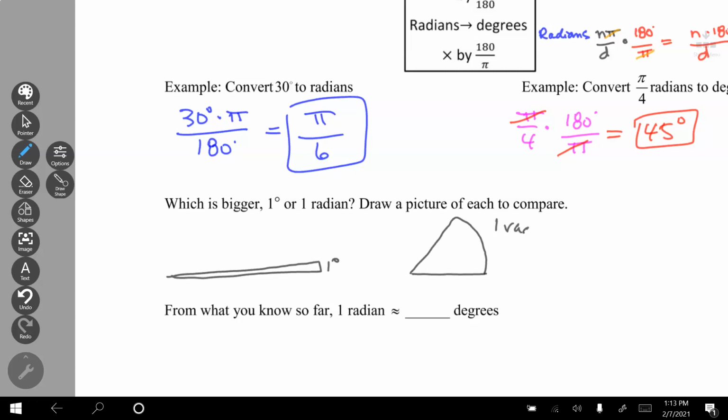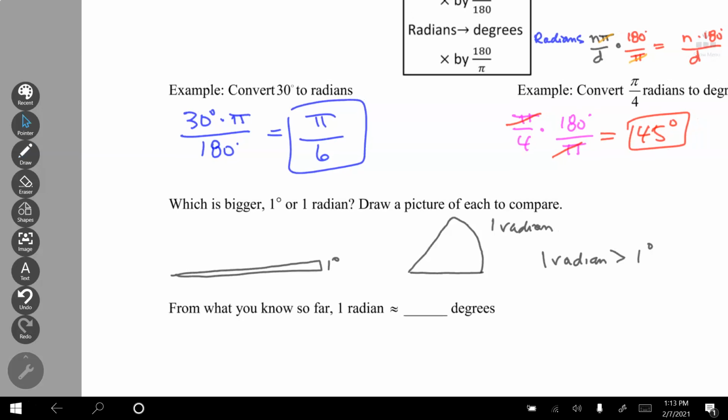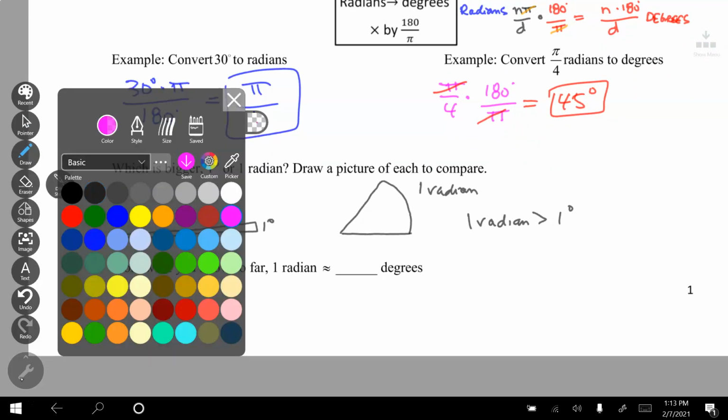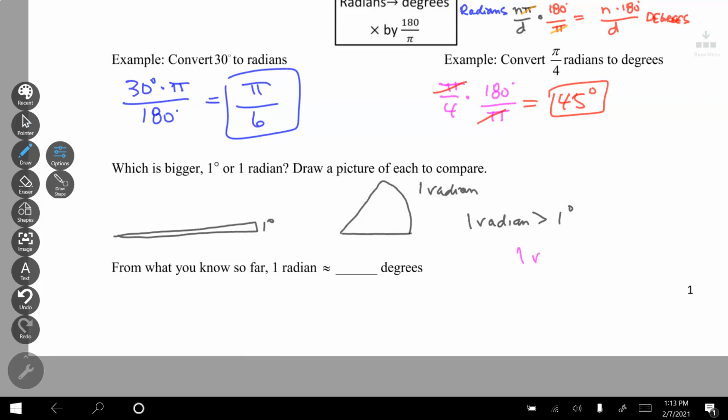And this is 1 radian. So 1 radian is a lot bigger than 1 degree. In fact, if I do the conversion, 1 radian times 180 degrees over pi, I get about 57.3 degrees.